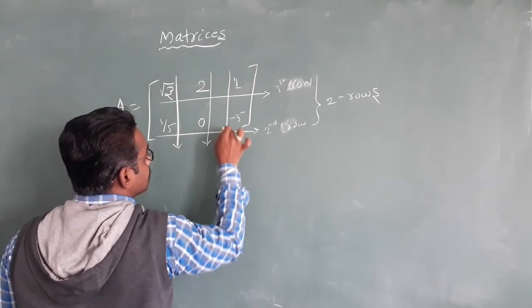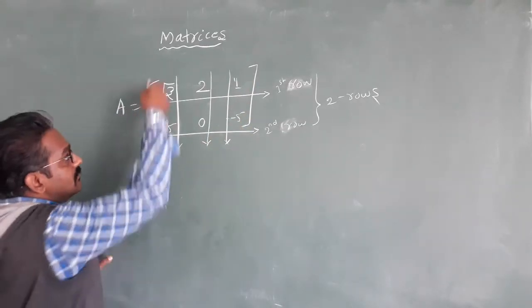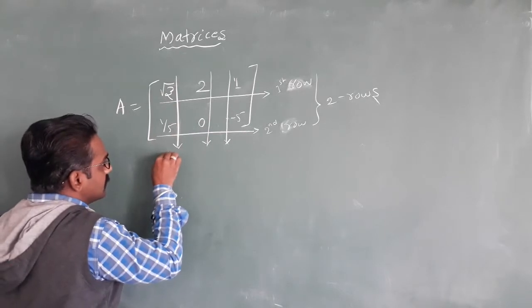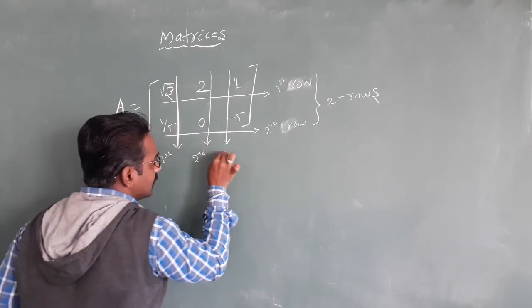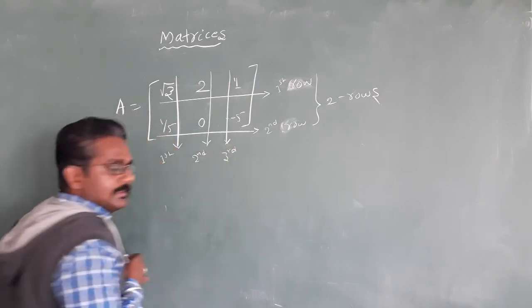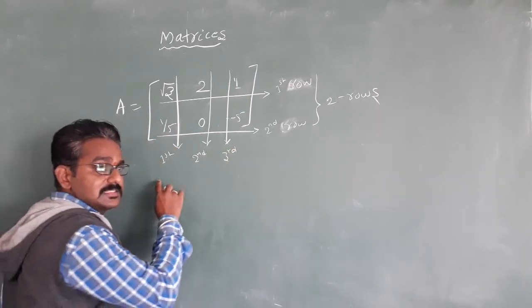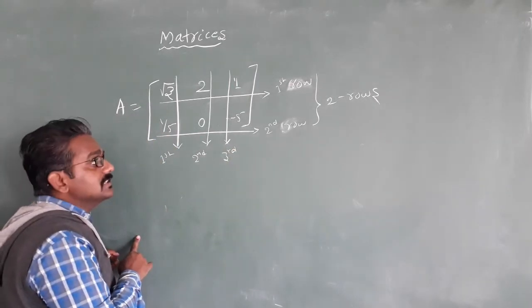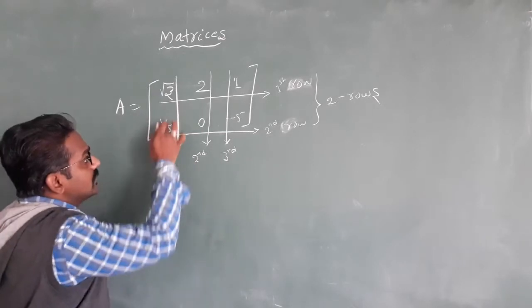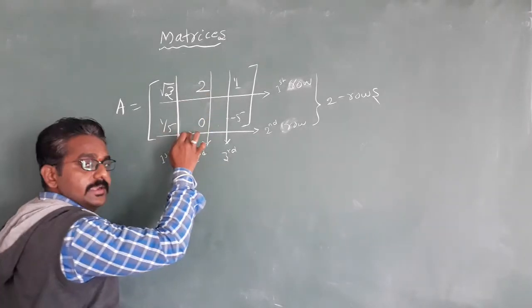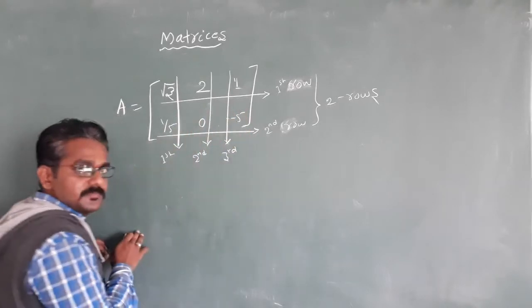Then the vertical lines of the elements. See here. Here first vertical line, second vertical line, and a third vertical line. All the 3 vertical lines contain 2 elements: root 3, 1 by 5; 2 and 0; 1 and minus 5.